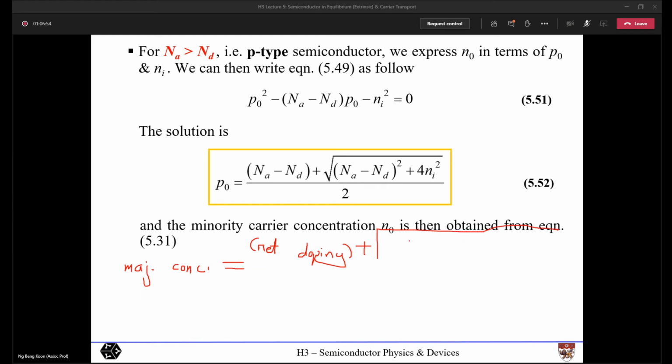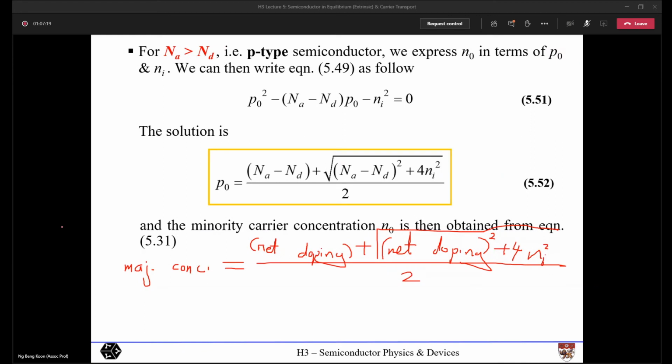The term there is also the net doping, right, because it's Na minus Nd or Nd minus Na, right? So it's net doping squared plus 4 Ni squared, and in the denominator is just over 2.